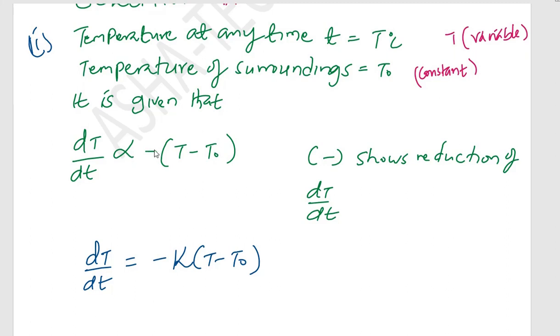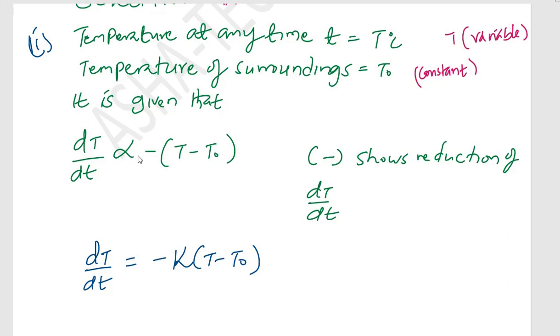And we are putting a negative to show that the rate of change of the temperature of the wire with time is reducing. That's why the statement says the rate at which the temperature of that wire reduces is given by the amount by which it exceeds that of the surroundings.